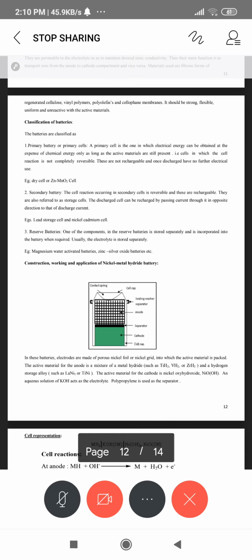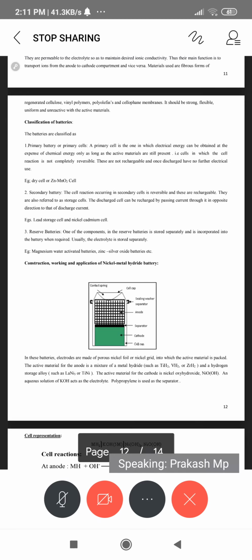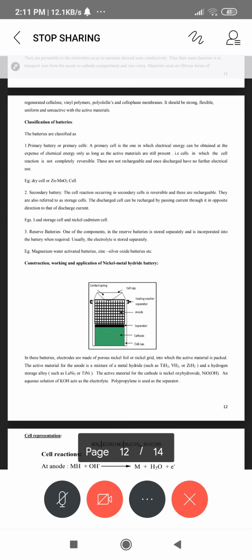Then in between they are separated by a separator, soaked with electrolytes. It is a dense, more densely soaked polythene sheet or polymer, polyethylene acetate or any type of polymer we can use.